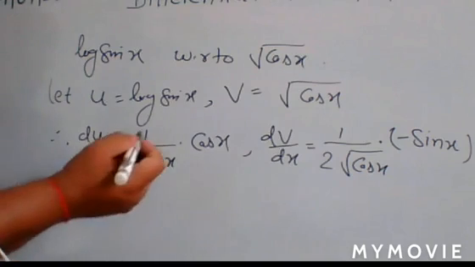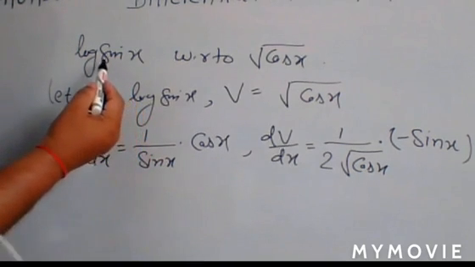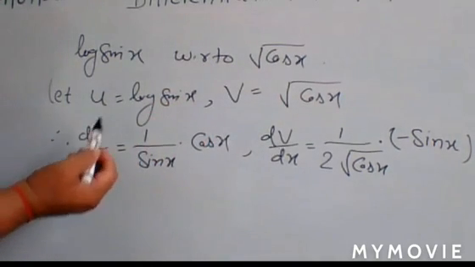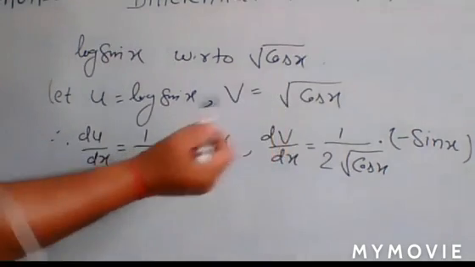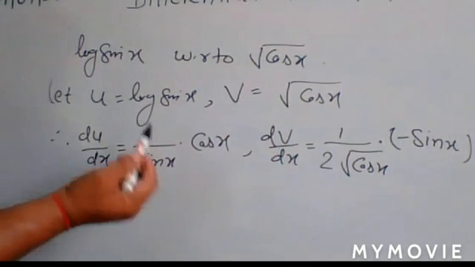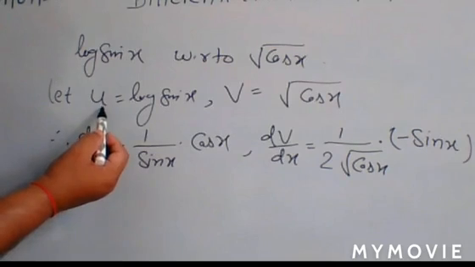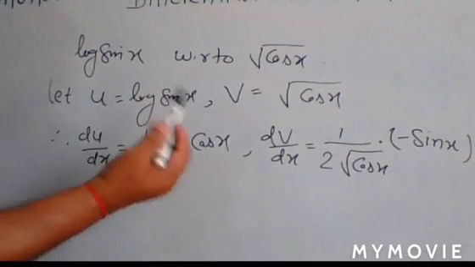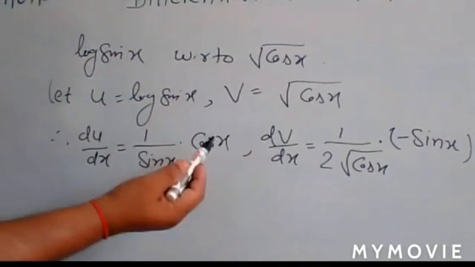Here you have to find the differentiation of log sin x with respect to root cos x. You assume u as log sin x and v as root cos x. So you have to find the value of the differentiation of u with respect to v, which can be written as du by dv.